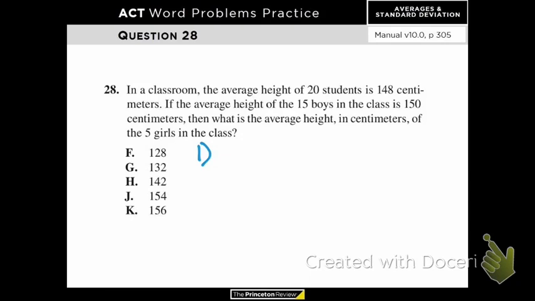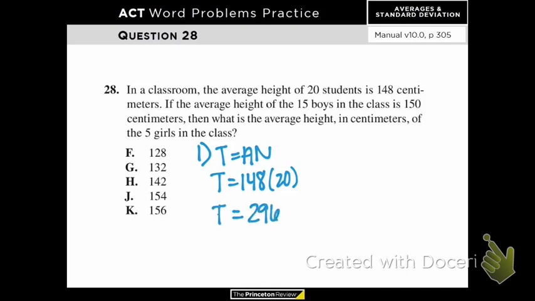So step 1, using this equation, this is going to be for all 20 people. The average is 148. There are 20 total people. That gives us a total for the class of 2,960. Just for the boys, their average is 150, and there are 15 of them.